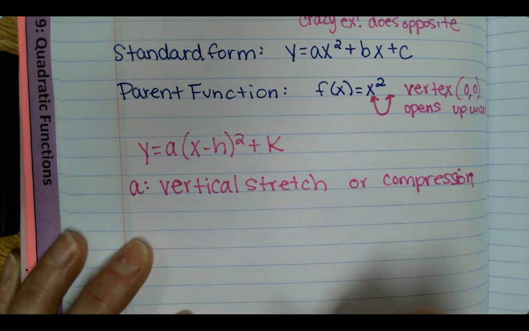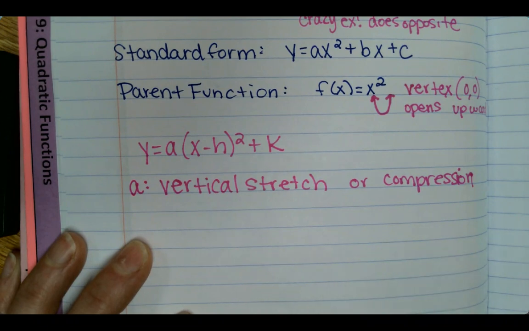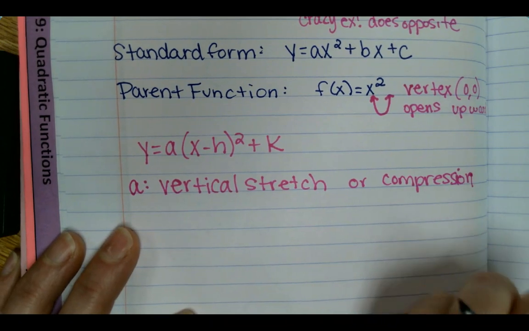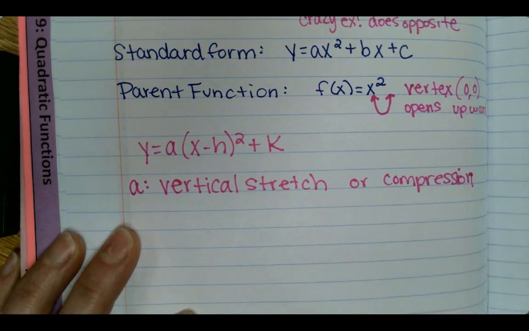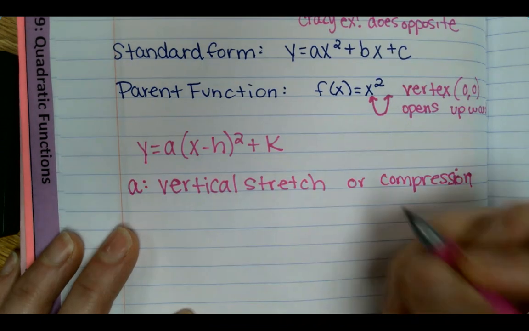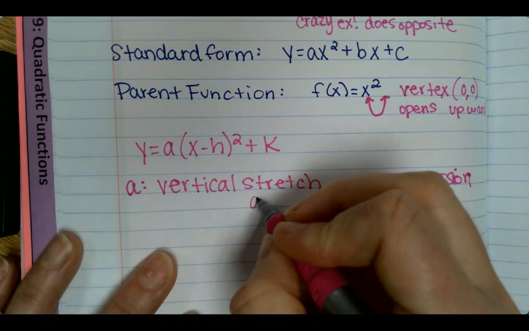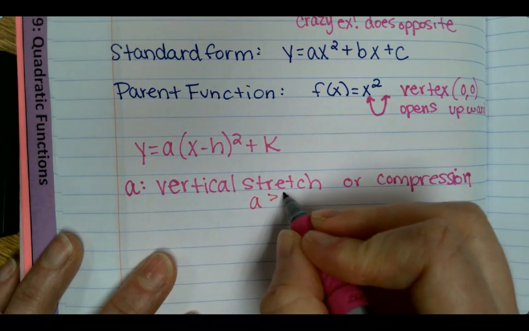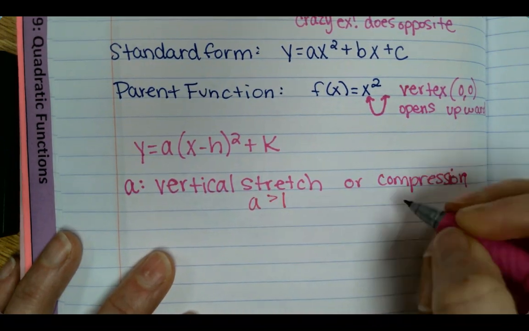So stretch is if the number is bigger than 1. So you don't look at the negative at all. You only look at the absolute value of that number, which is just the positive of that number. If it's bigger than 1, it's a stretch. A is greater than 1, it's a stretch.